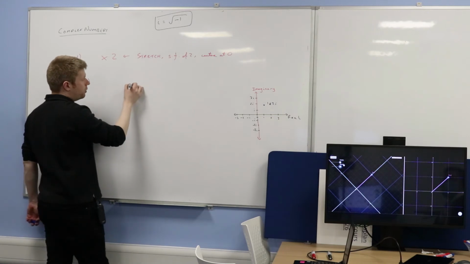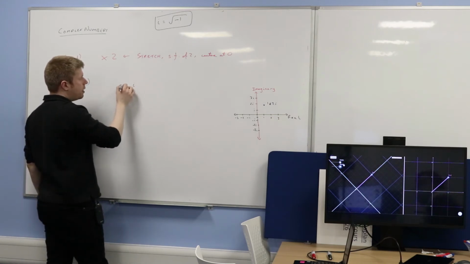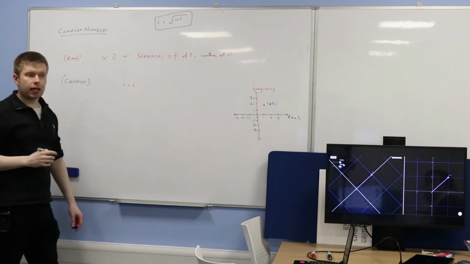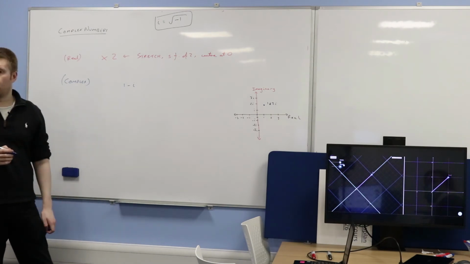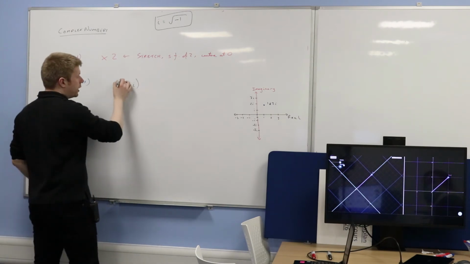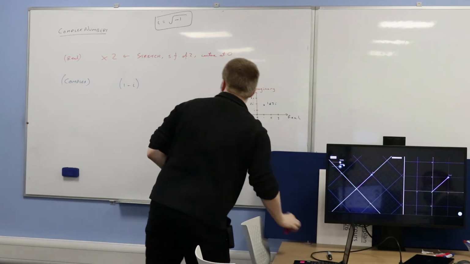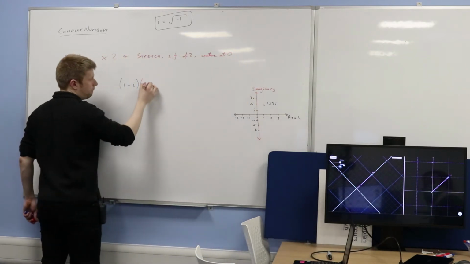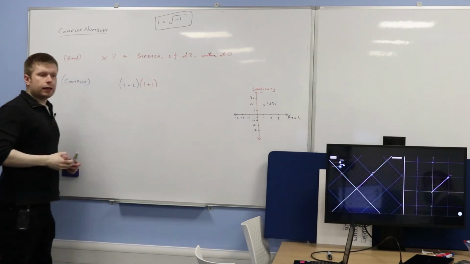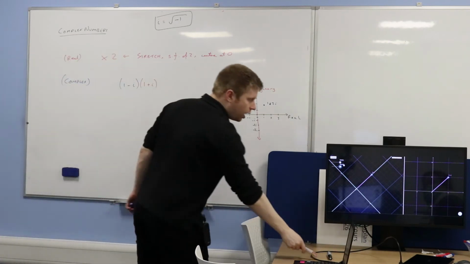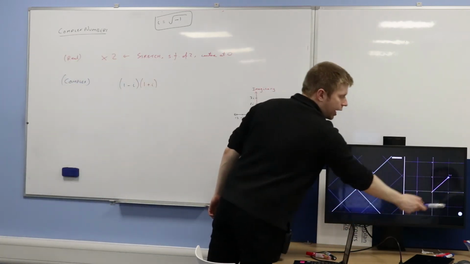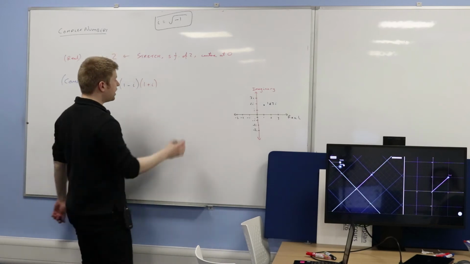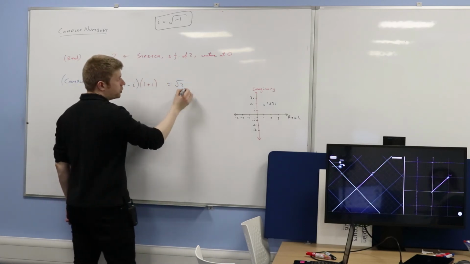So I started off with 1 minus i, didn't I? That's the number I asked you to follow. When I multiply this by 1 plus i, let's see what I get. I'm proposing it's going to be a real number, a little bit more than 1. In fact, what I'm proposing is that the answer is going to be root 2.